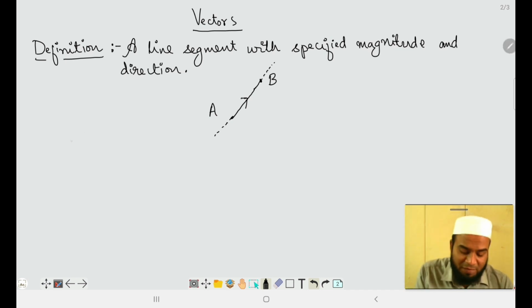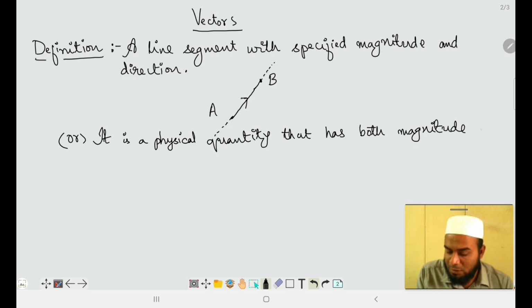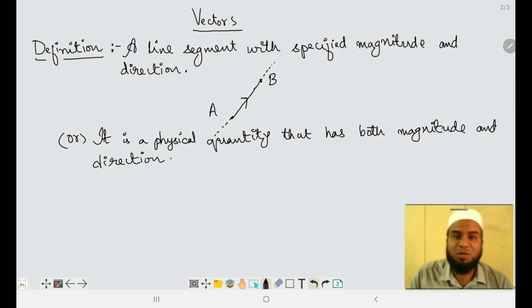Other than this, we can even define a vector as a physical quantity that has both magnitude and direction.